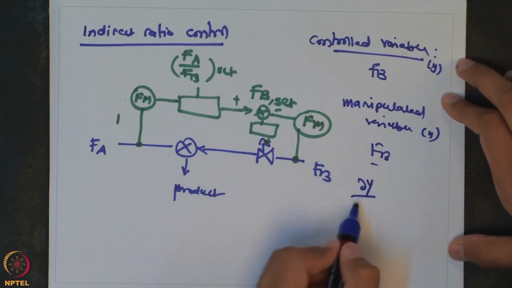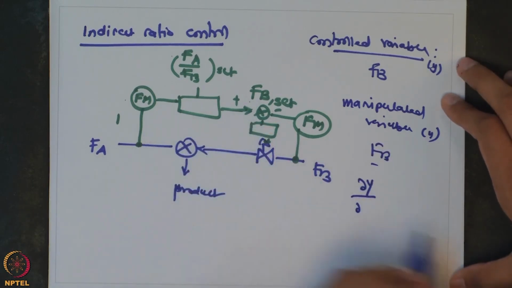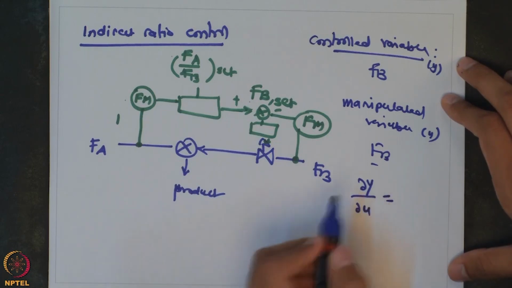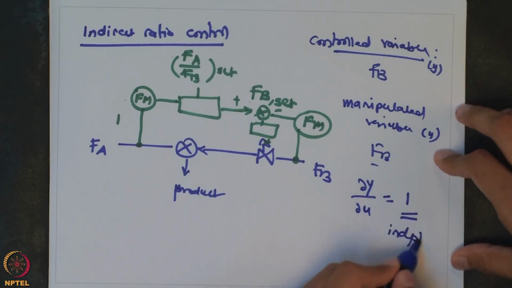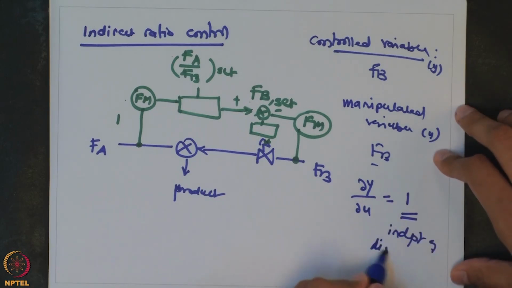So the gain of this system is going to be 1. So it is going to be independent of disturbance.